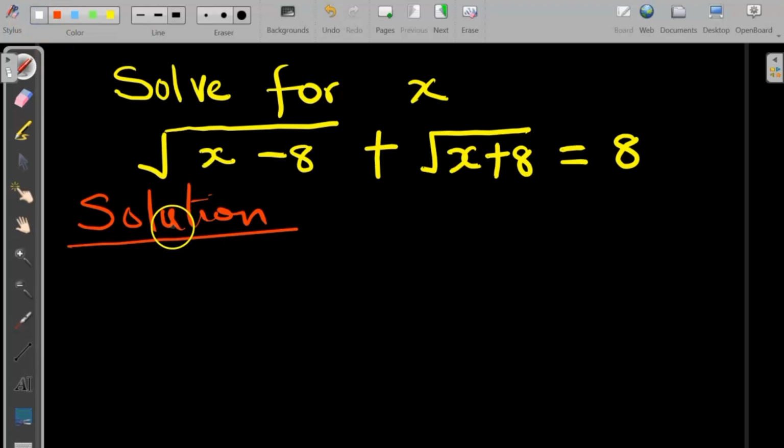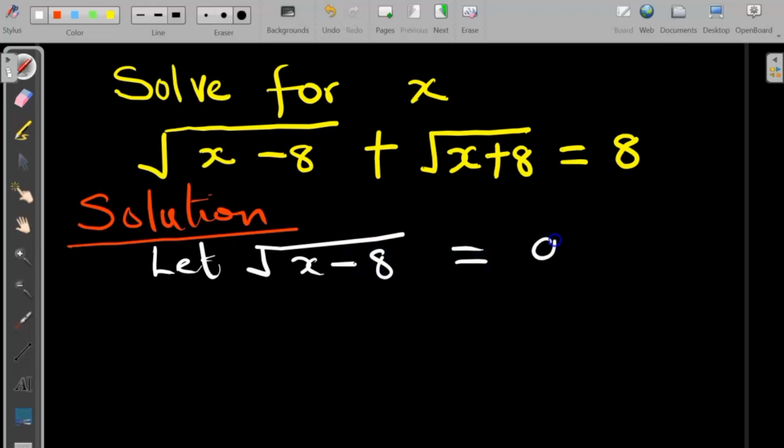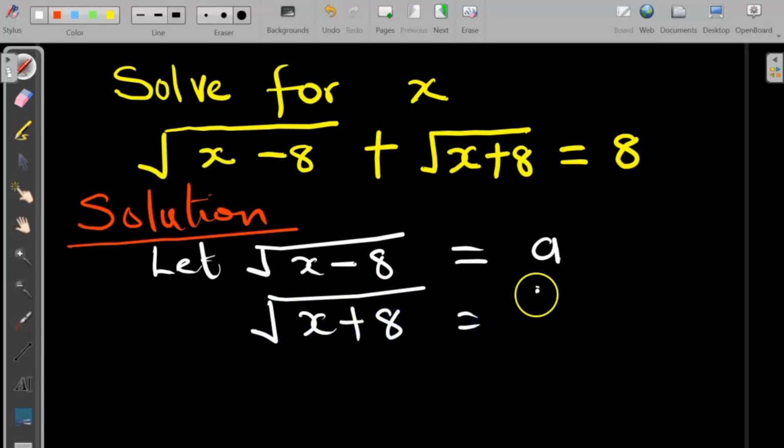The first thing I'm going to do is to choose a variable to represent root x minus 8, then another variable to represent root x plus 8. So let root x minus 8 be a, then root x plus 8 be b.